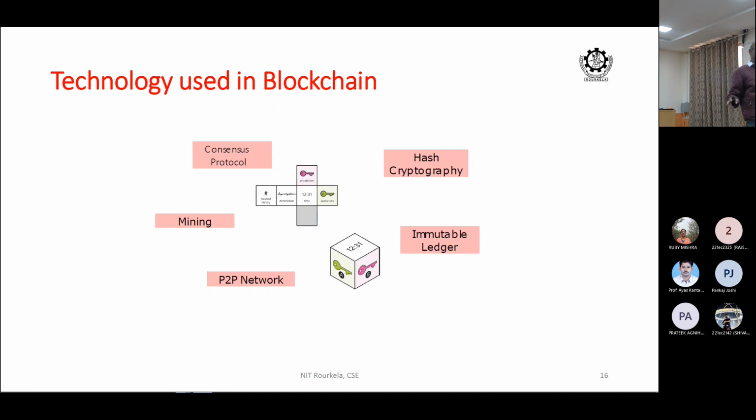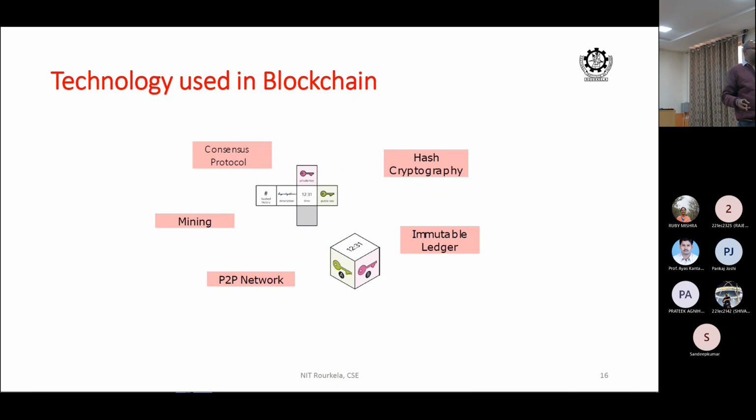From these untrusted nodes, you collect the data and bundle it into something called a block. You put the transactions in a block, and there are someone called the miners. The miners are responsible for forming the blocks and putting the blocks in the blockchain.